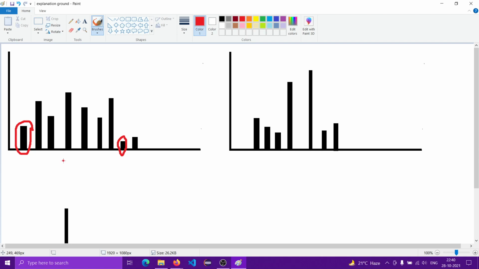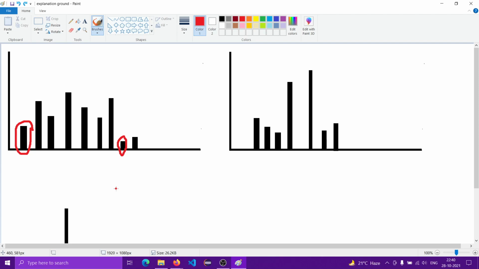And once we have a smaller width and our target is to increase the area, how do we do it? We have only two factors, height into width, that will give us the area. Now if width is decreasing, the height must increase. Okay, so when we are moving inwards, we need to ensure that the height should be increasing. If the height is not increasing, there is no point in moving inwards. Okay, that is our clue number one.